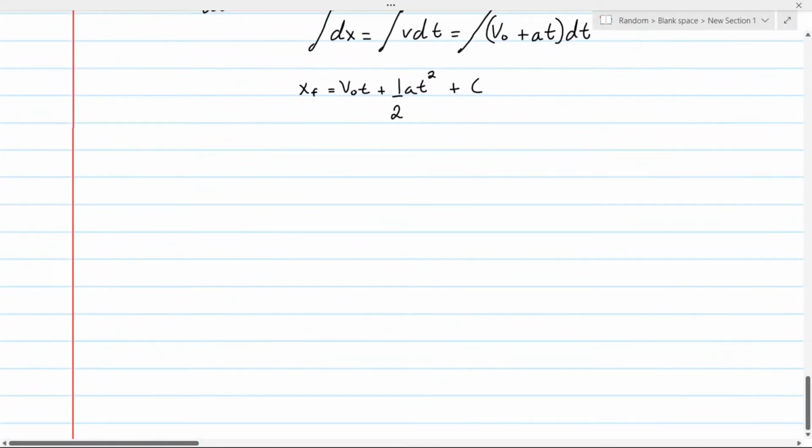Next, at t equal to 0, the position is some initial position.